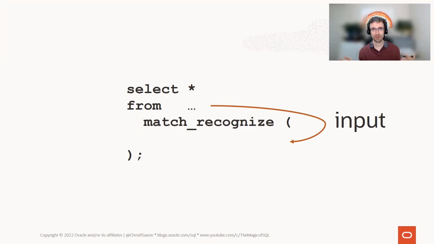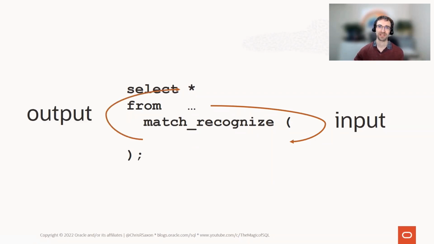Now, of course, when I say table, everything in SQL is a table. So it could be a view, it could be a subquery, it could be a pipeline table function, that kind of thing. Anything which returns a result set. So that is the input to Match Recognize. We'll do some processing on the data there, and that will define the real result set. So the final table, the result, is what Match Recognize outputs.